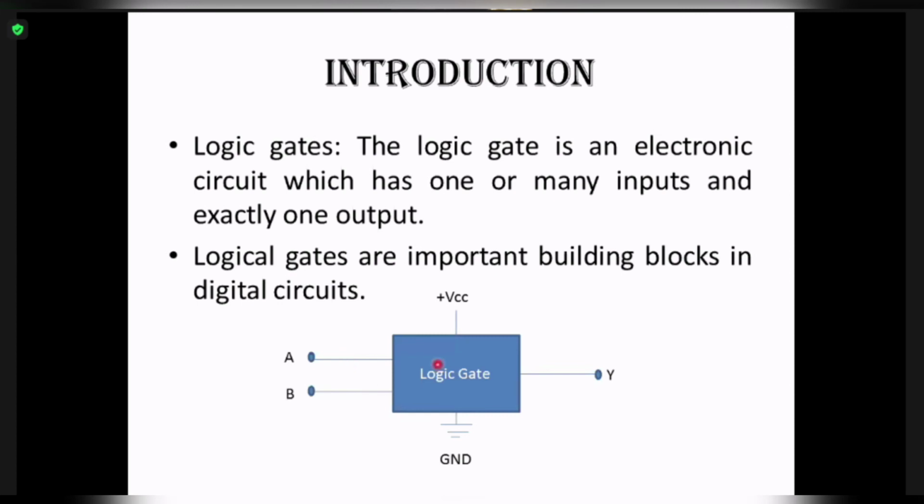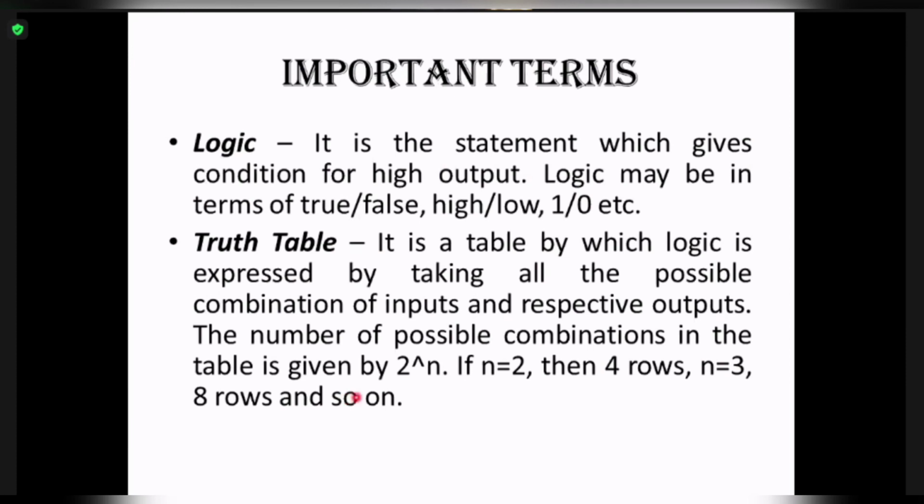Substitute the value of n: you get 2 raised to 2, which is equal to 4. So how many combinations will you have in your truth table? 4 combinations. The total number of combinations will be 4.